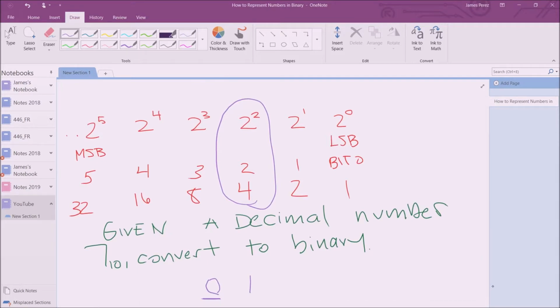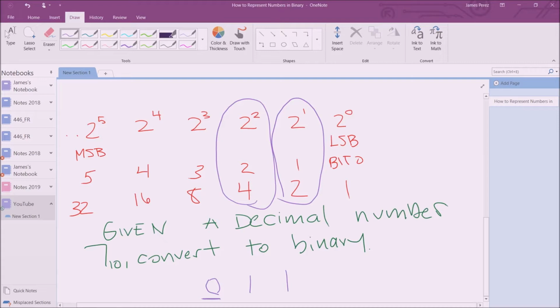The next number, you would have to add to 4 in order to get the number that you're trying to convert to, 7. So in this case, we can also use bit position 1 because it's 2. So 4 plus 2 is 6, so I could put a 1 right here.